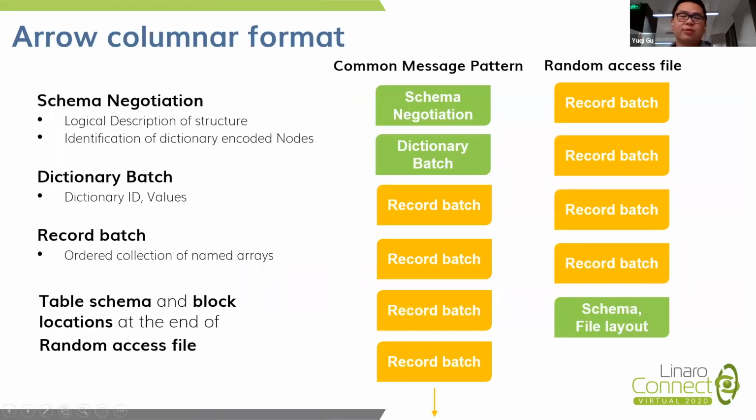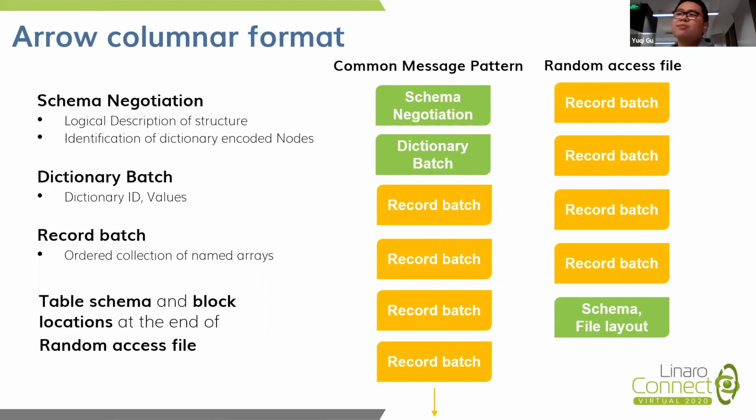In this slide I will introduce the Arrow columnar format. The Arrow columnar format is also called the common message pattern. It consists of the schema message, the dictionary batch, and the record batch. In this common message pattern, we send a series of messages: the schema message and one or more record batches.